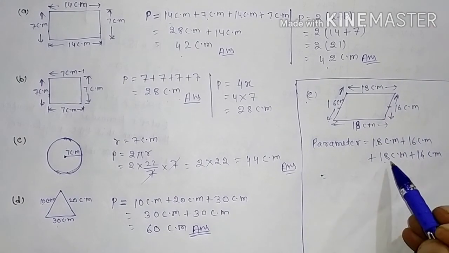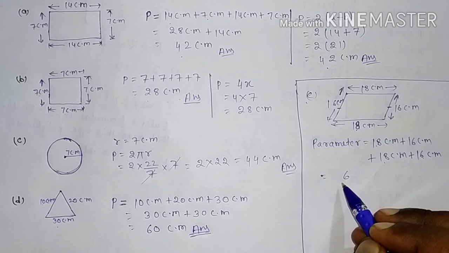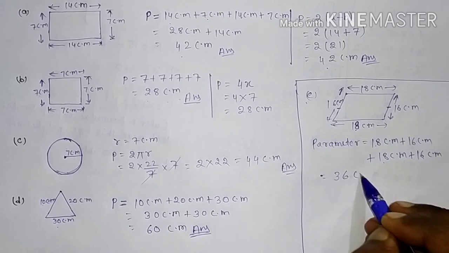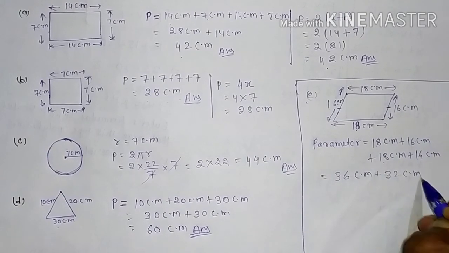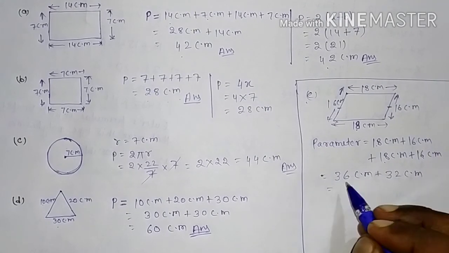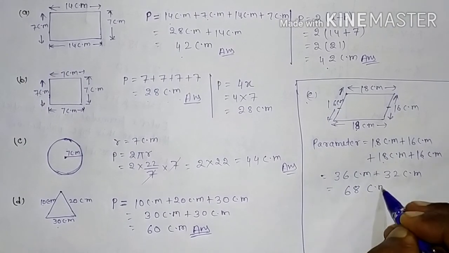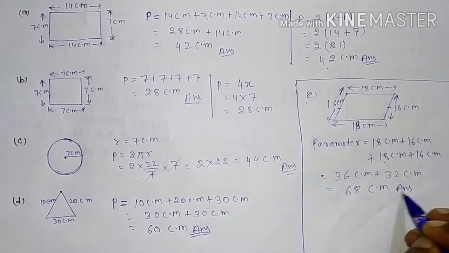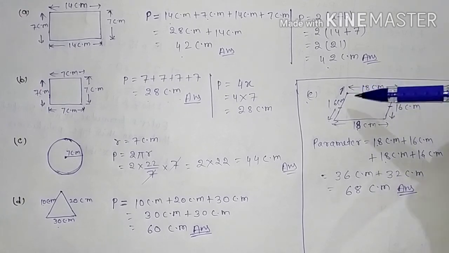So 18 plus 18 is 36 centimeter, plus 16 plus 16 is 32 centimeter. Now just add it. 6 plus 2 is 8, 3 plus 3 is 6. 68 centimeter. And this is the answer. Simply add all sides and get the answer.